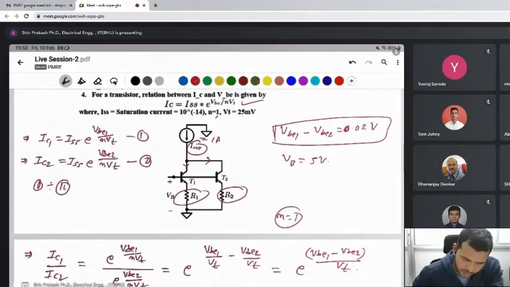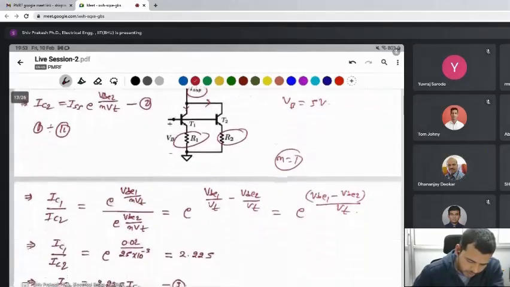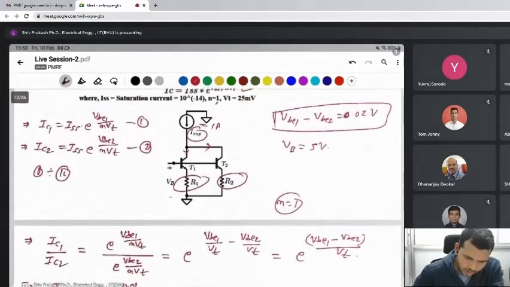Then VB is given, and VB2. For finding the R1 and R2 values, you should first find the VBE1 value.